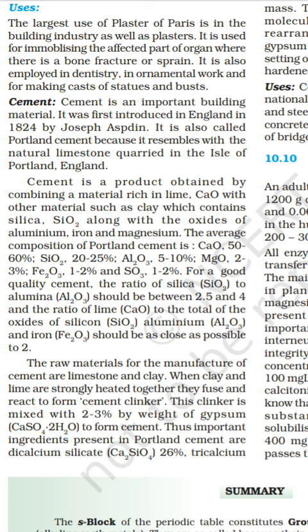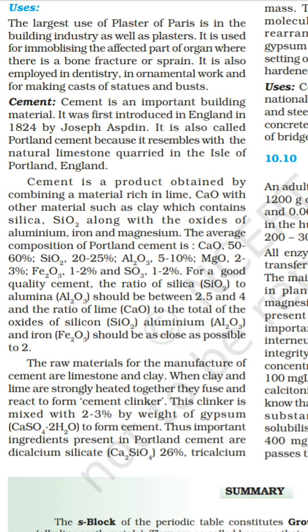Then cement. Cement is an important building material. It was first introduced in England in 1824 by Joseph Aspdin. It is also called Portland cement because it resembles a natural limestone quarried in the Isle of Portland, England.